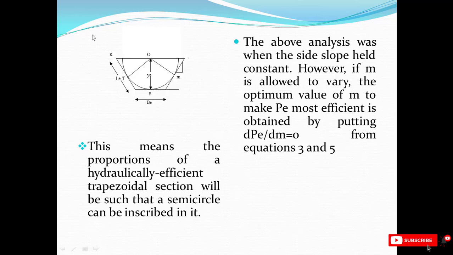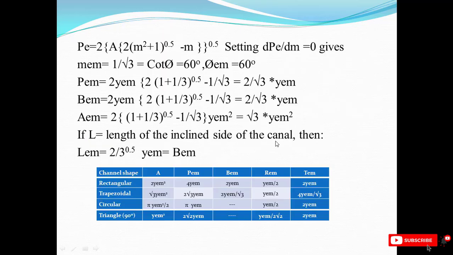How do we do that? If dP by dm instead of dy is equal to 0, because m is variable, an equation is obtained. Finally, m is equal to 1 over root 3, or 60 degrees. At this angle we can construct a semicircle in the trapezoidal channel.